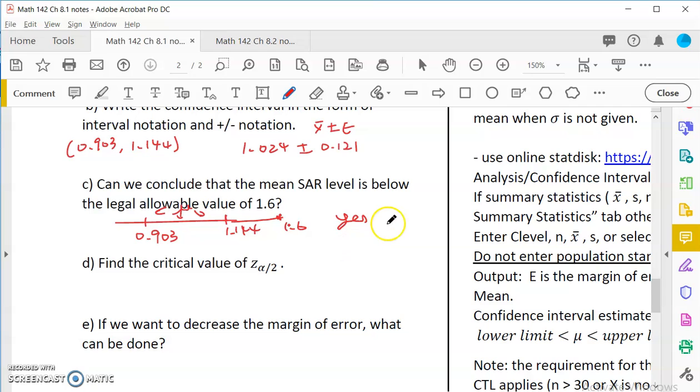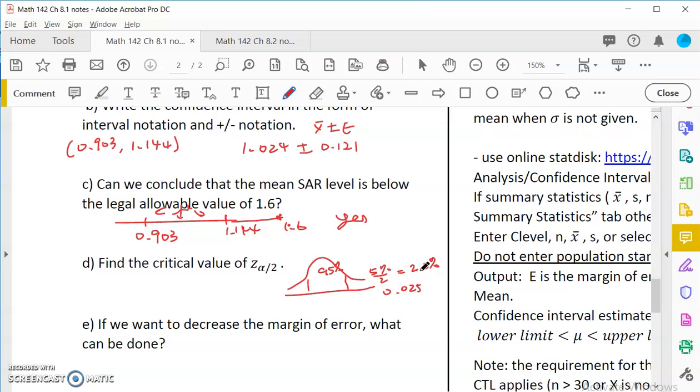Find the critical value of Z alpha over 2. So we are doing 95%, right? So we will draw the picture. It's easier if you draw the picture. The middle is 95%. The 2 sides are 5%, divided by 2 is 2.5%, right? 2.5% in decimal is 0.025.